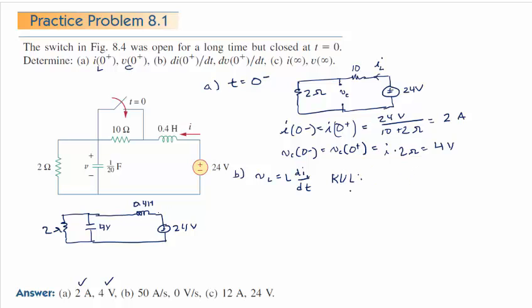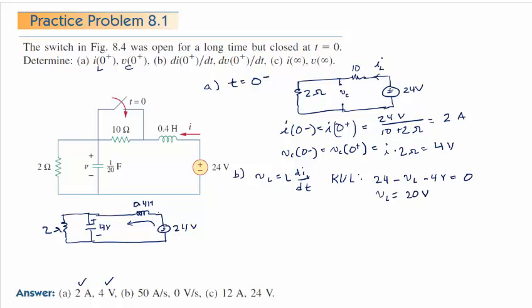Watching my polarities, with my assumed direction right here, I have 24 volts minus voltage in the inductor minus 4 volts equals 0. So voltage in the inductor must be 20 volts.